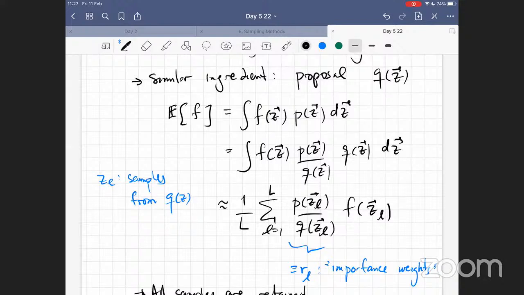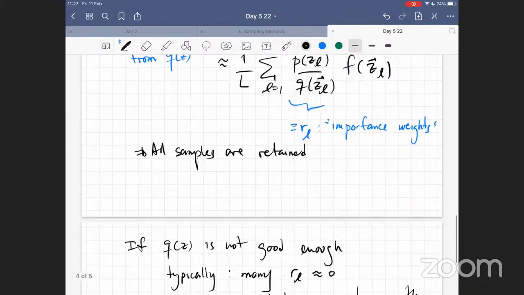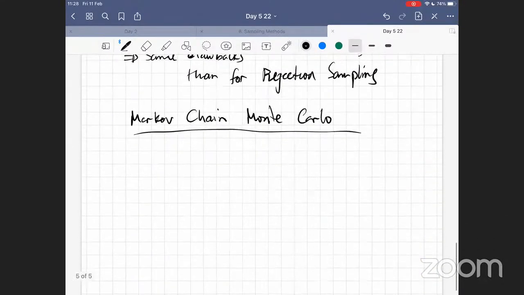So if we just sample from P, then we won't get the correct expectation value of F. Yeah, but you don't know where the peak is. The peak of F? No, I mean if F has a peak.